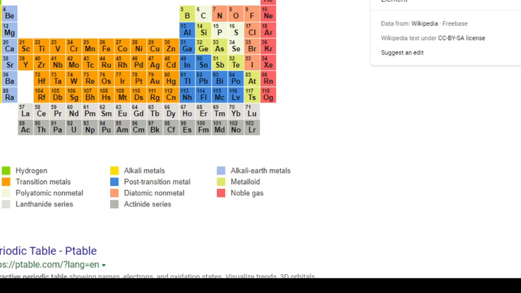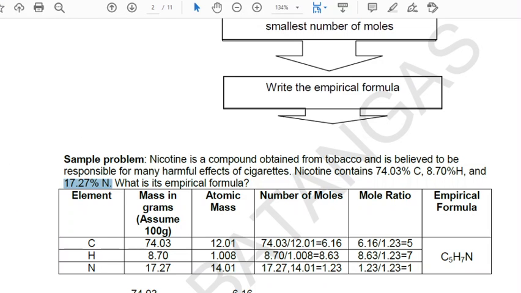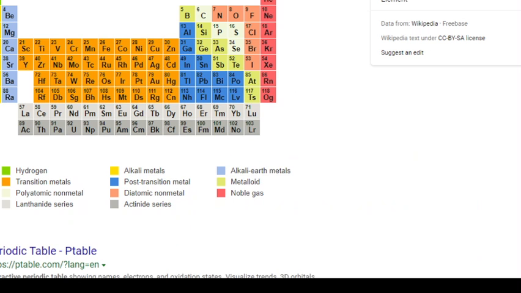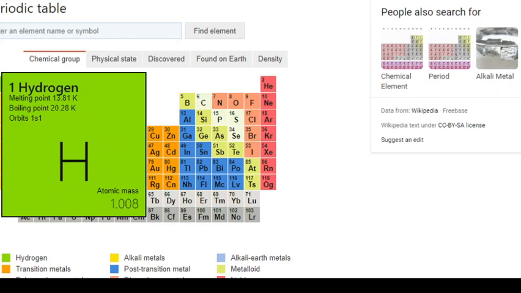So you can see in the table that the atomic mass is 12.01, rounded to 2 decimal places. Let's try to look at hydrogen. Looking at hydrogen here, hydrogen is 1.008.